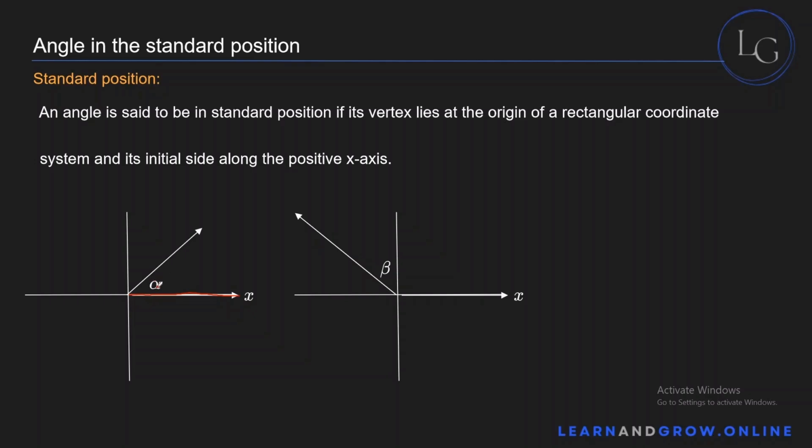The angle over here is alpha, the angle over here is beta, and this angle over here is gamma. Since we're taking this positive x-axis to be the initial side, alpha is this angle, beta is this angle, and gamma is this angle.